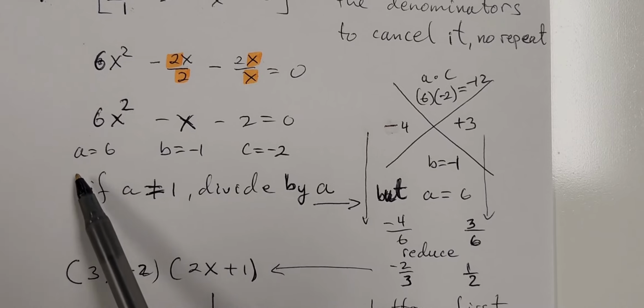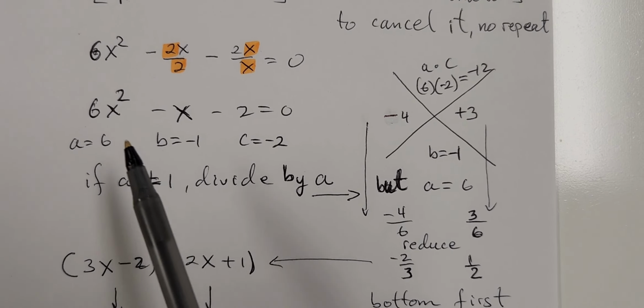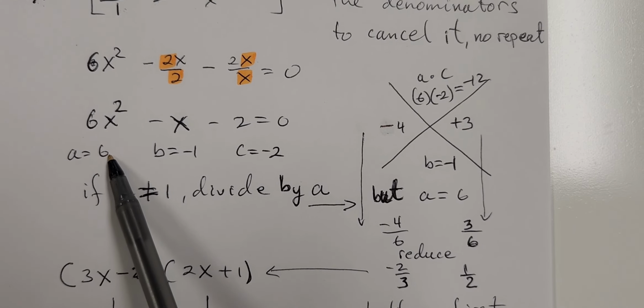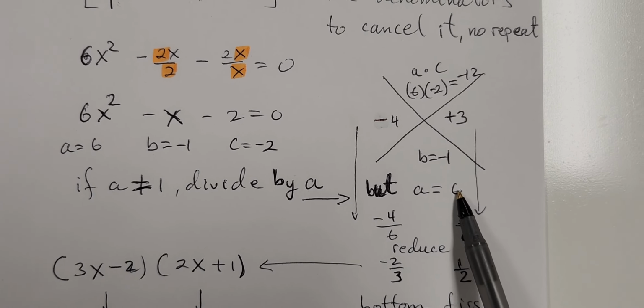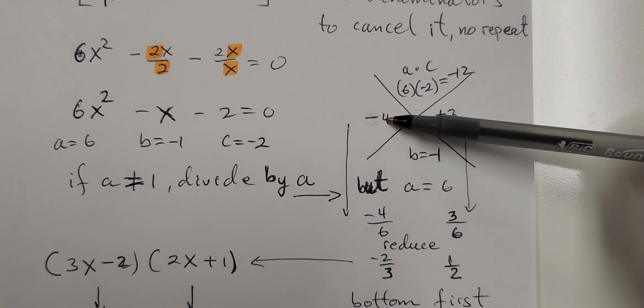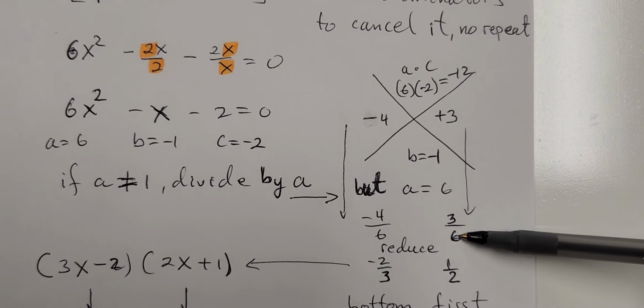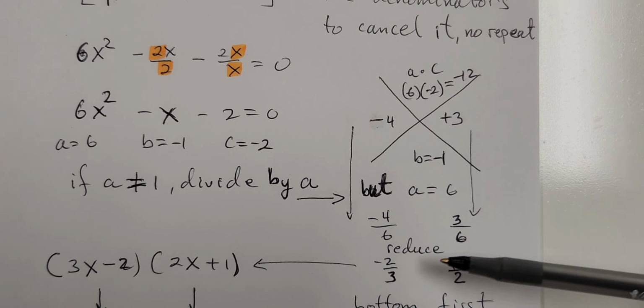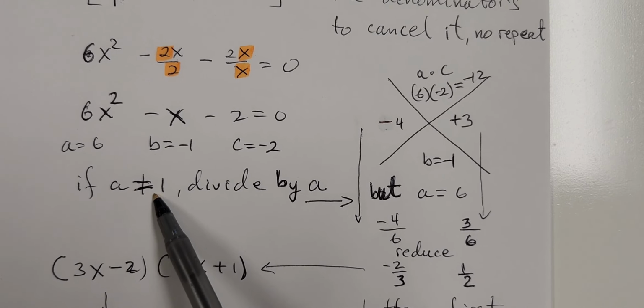Also, because a is not 1, we have to divide by a. And a is 6, so divide -4 by 6 and +3 by 6. The reason we have to divide by a is because a is not 1.